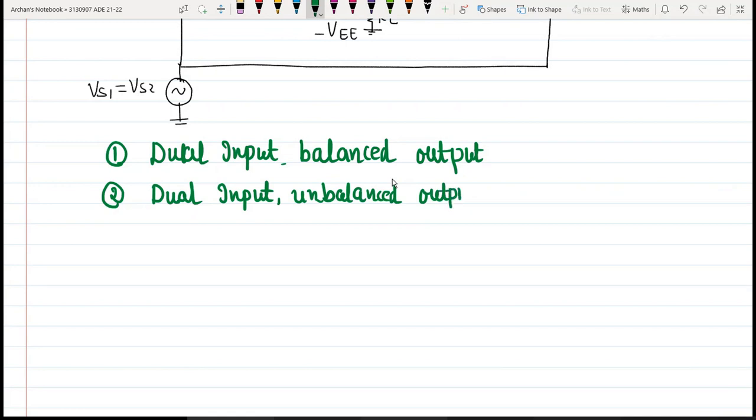Unbalanced output differential amplifier.